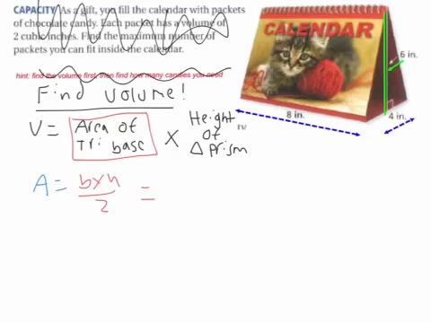Okay, so my base is 4, and my height is, it's pointing to, it's 6. So it's going to be 6 times 4. Okay, and then your formula says base times height divided by 2. So divide that by 2. Okay, so 24 divided by 2, and that equals 12 when you do that math.